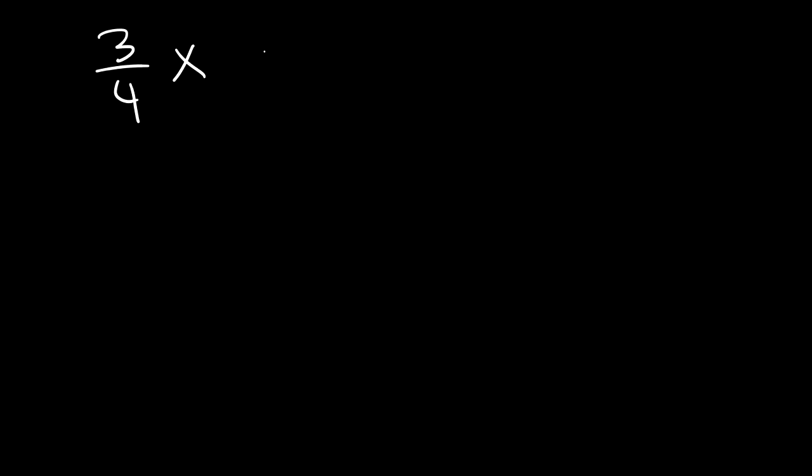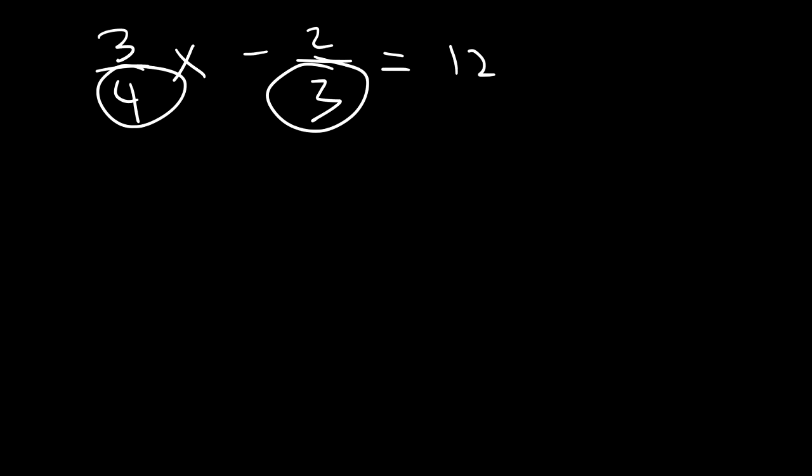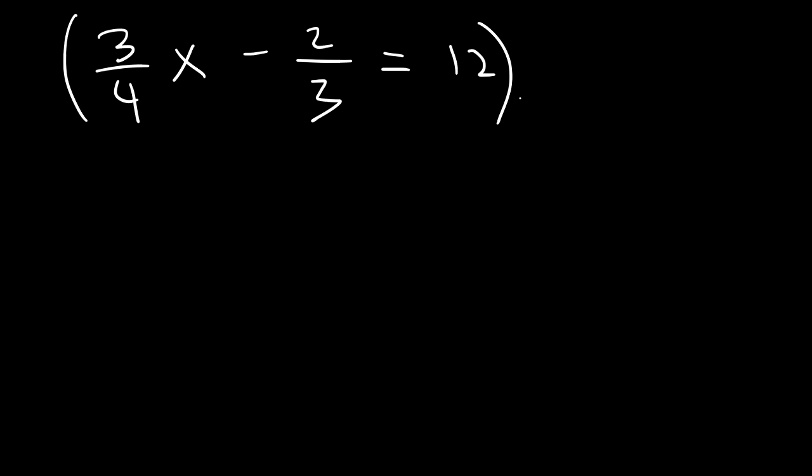3/4 x minus 2/3 is equal to 12. Calculate the value of x. Now this time, there are two fractions in this equation. So should we multiply both sides by 3 or by 4? If you want to get rid of both fractions, you should multiply by both numbers, 3 and 4. 3 times 4 is 12.